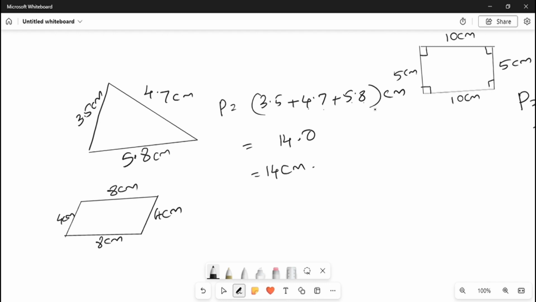So here also 8 and 4, 12, 12 2 times, that is 24 centimeter. This is somewhat similar to a rectangle. Even though the corners are not 90 degree, the opposite sides are equal like a rectangle.